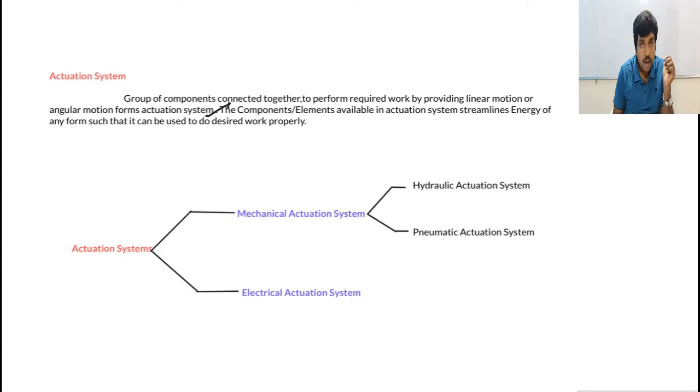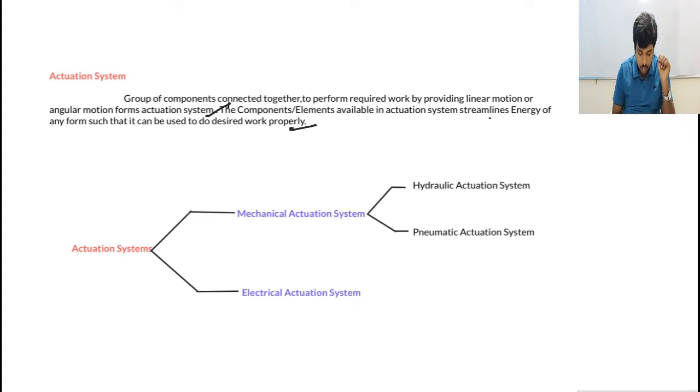The same thing I have written in the script here. The components and elements available in an actuation system streamline energy of any form such that it can be used to do the desired work properly. So whatever the form of energy, ultimately it should be streamlined to do some work.